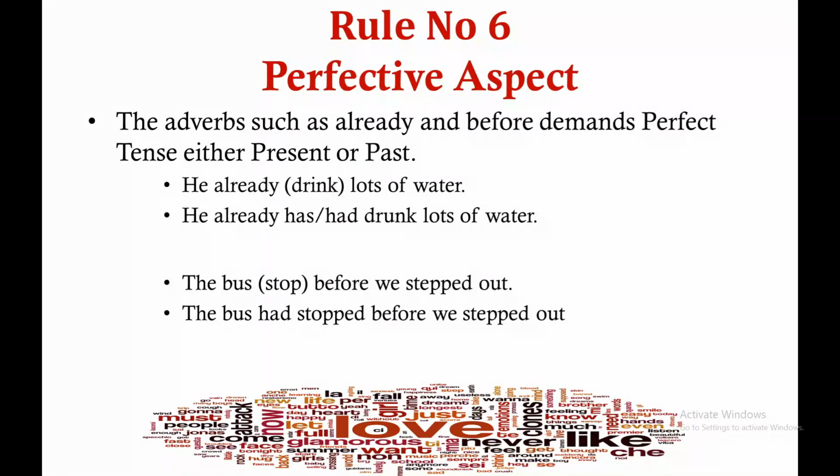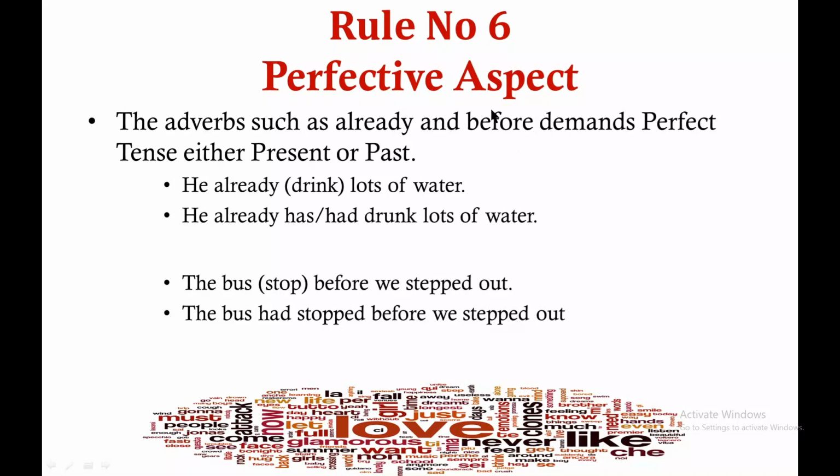So if you can move forward to rule number 6, the perfective aspect. Now there are some adverbs which demonstrate that you need to use present perfect or past perfect tense. The words are already and before.